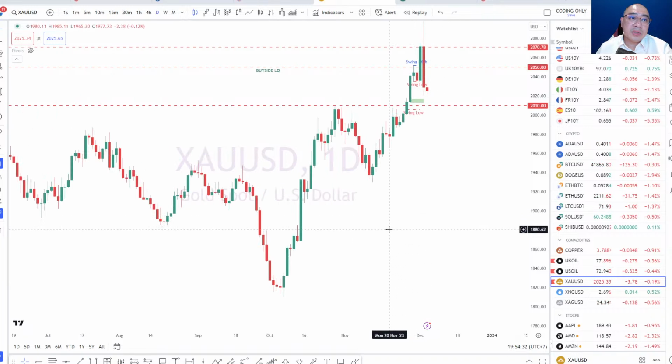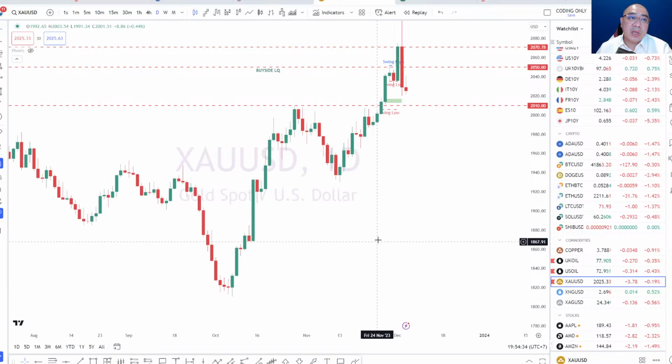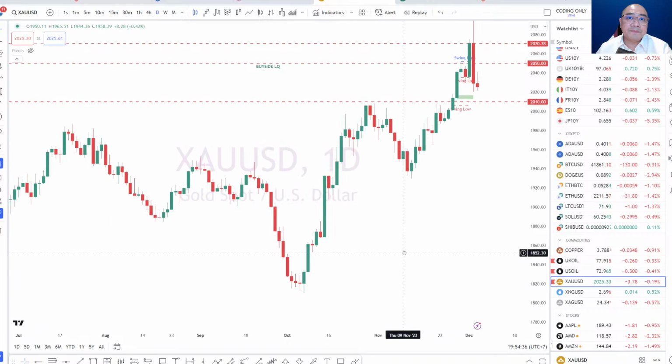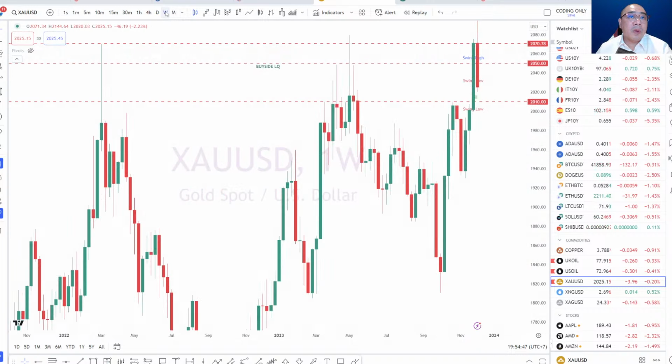I'm just trying to identify the gap that we have on gold. There's a gap, I'm just not seeing it right now. There is a gap on gold about 1830, but I'm not sure if that's actually been filled.